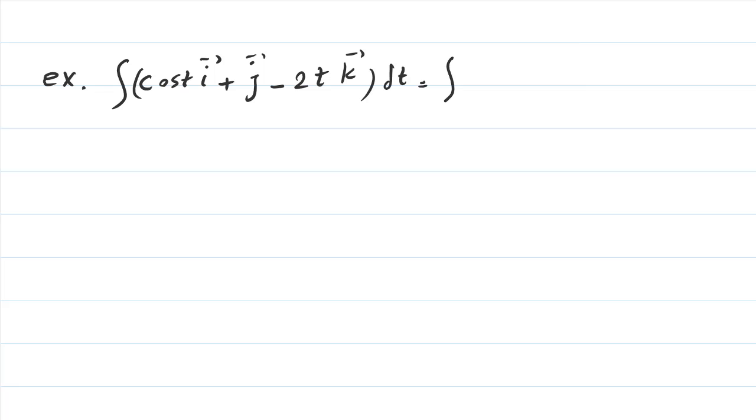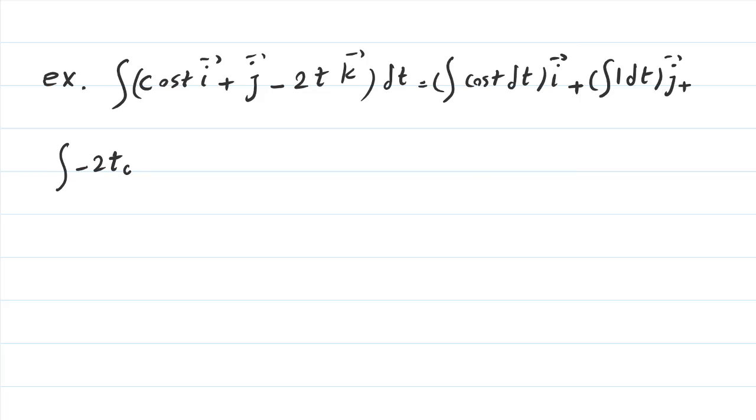It is equal to the integral of cosine of t dt i plus integral of 1 dt j plus integral of negative 2 times t dt k.